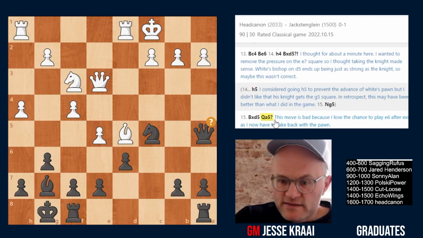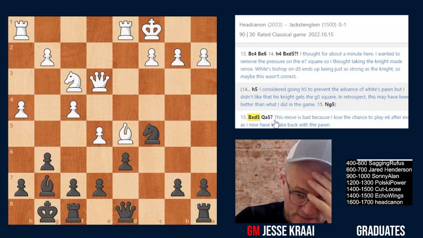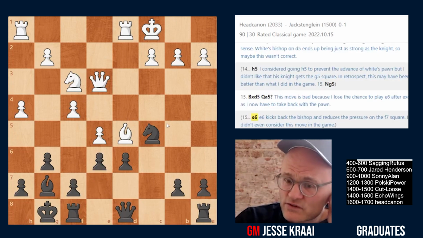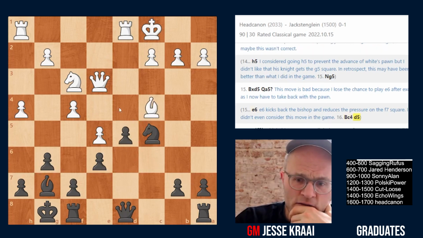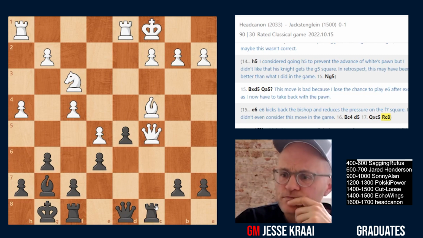Now the problem with e6, by the way, I was thinking about e6 too, is that when he plays bishop c4, you can't play d5 yet because c5 is hanging. But the variation, Jack, that you should consider here would be here, here, here, and then maybe you are, in fact, a genius, you know?